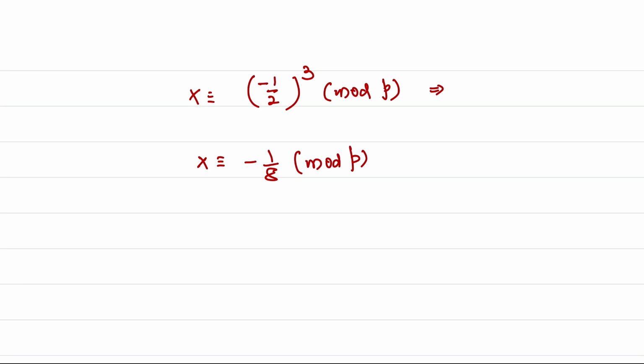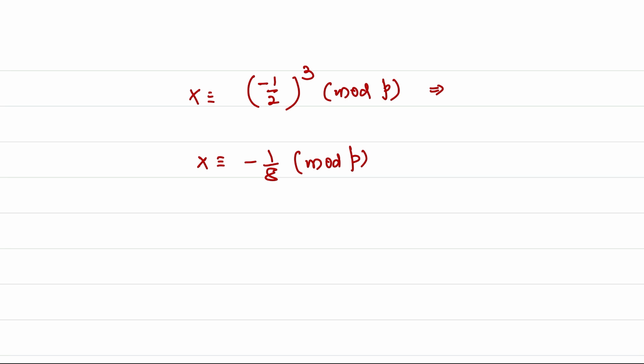As I told you, I have not found any polynomial or quadratic in terms of P. Whenever there is a prime number P, then x is this value.